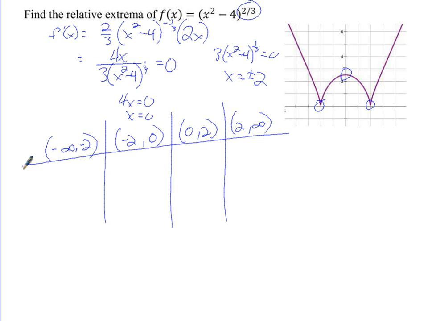Those are my intervals. I need some test numbers. Negative 3, negative 1, 1, 3.